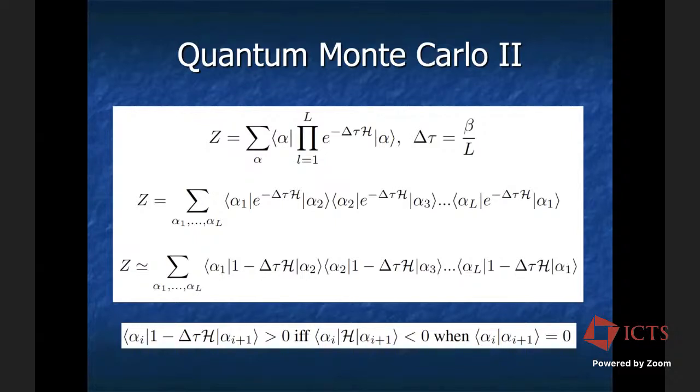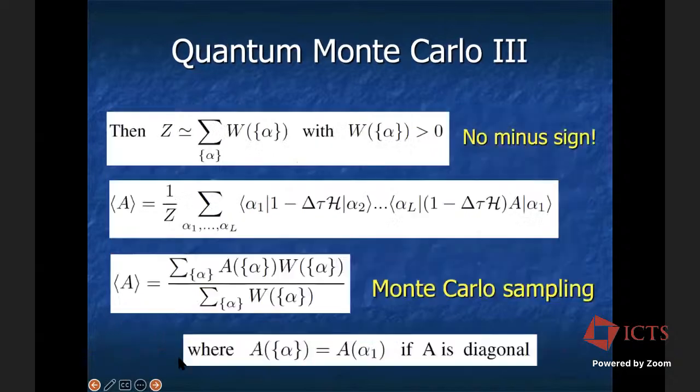This is a source of some confusion. And then in that case, one can write the partition function and any observable and make a sampling of the observable, and there is no minus sign. It's really like sampling a classical problem and then Monte Carlo simulations are possible.